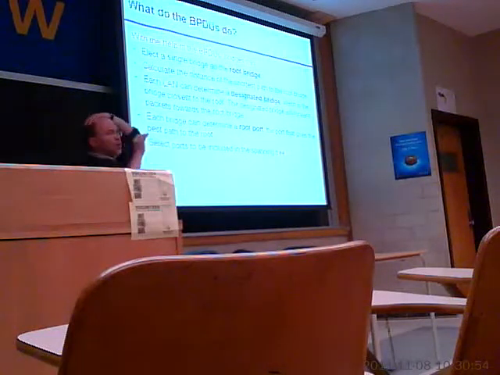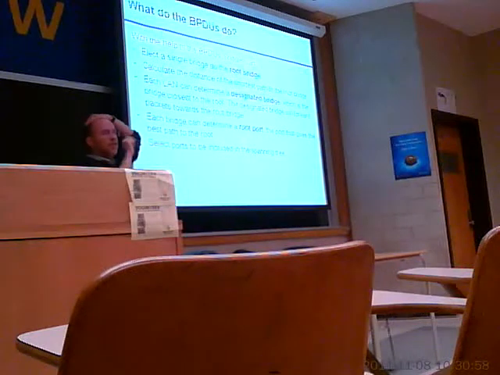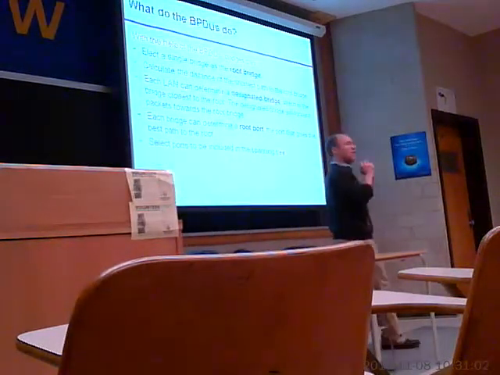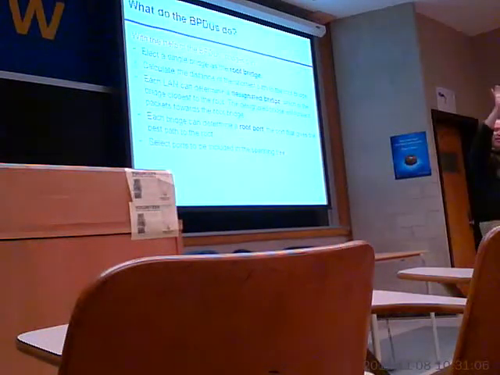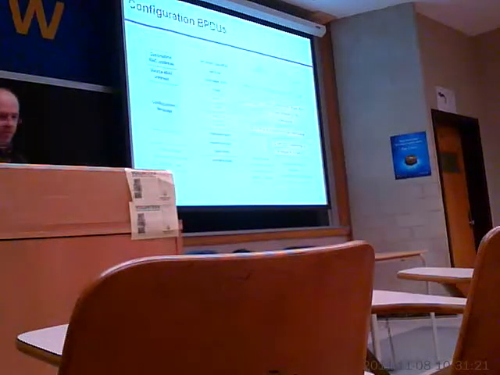Then for each LAN, bridges elect a designated bridge. That is the bridge that forwards traffic from this LAN in the direction of the root. This is a bridge on a LAN that sends traffic upward, while traffic coming from the root goes downwards. Let me give you this example here.